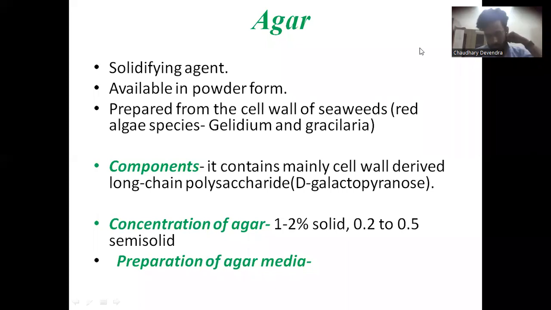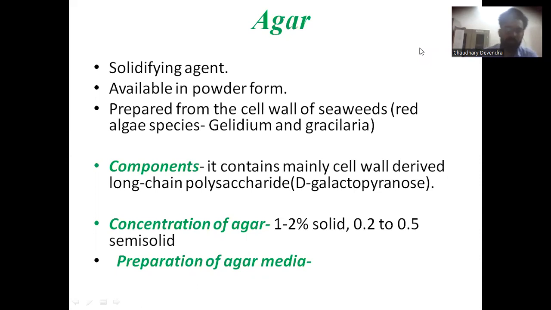So about the concentration, we use 2% agar in the solid medium and 0.2 to 0.5% in the case of semi-solid medium. And in liquid medium there is no agar. So we can directly say agar is a solidifying agent made from seaweeds.